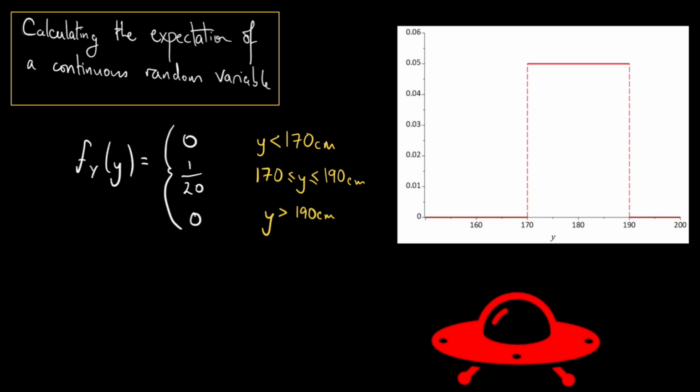And in order to make sure that the area under the curve is equal to 1, the height of the probability density function needs to be equal to 1 over the width of that non-zero area. So in this case, the width is 20 centimeters. So in order to make sure this entire area is equal to 1, the height must be equal to 1 over 20.